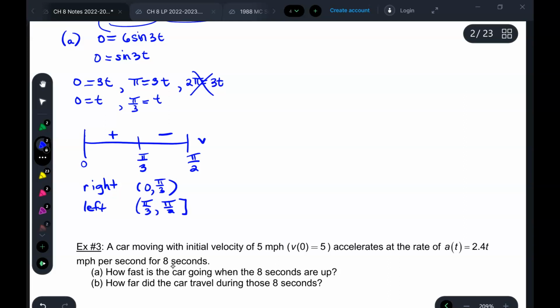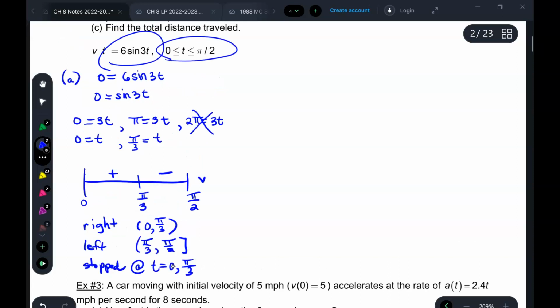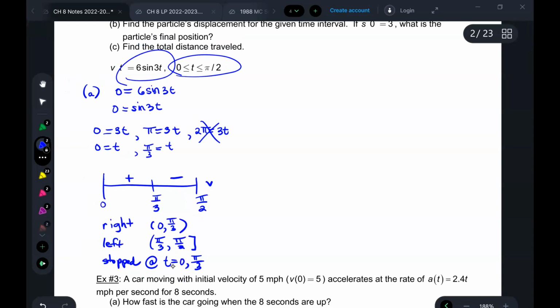Yes. And then it stopped at 2 points. T equals 0. Okay. Because it's technically stopped at 0. So if it wasn't stopped here, I would include the endpoint. That's all.